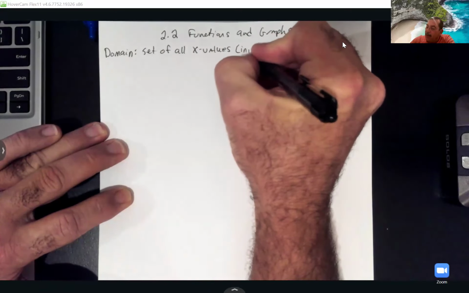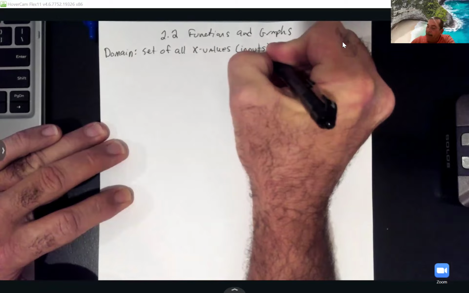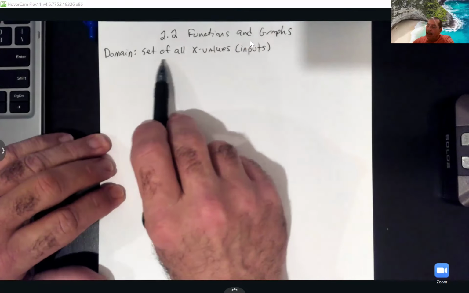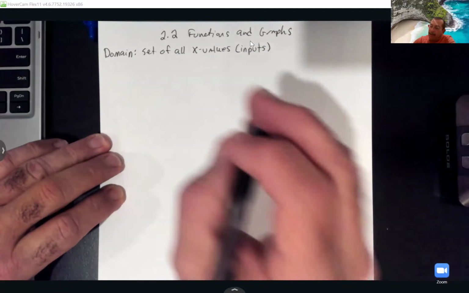And we can see this as what we call the inputs. So when y'all were graphing the other day and y'all had to pick points, we were picking our x's and then putting the x's into our equations, okay? So the domain is a set of all the x values.